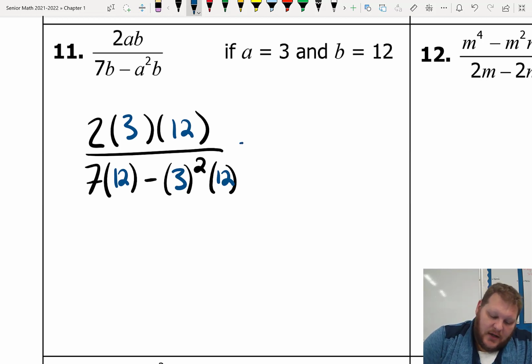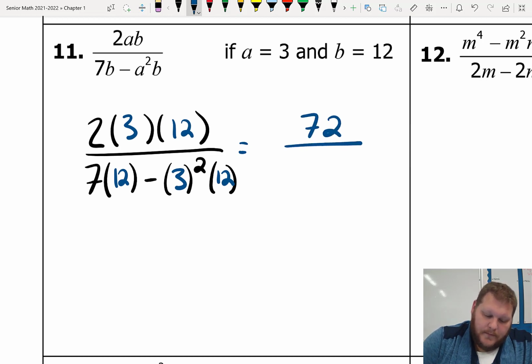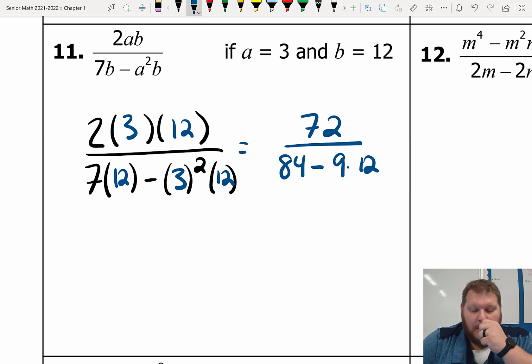So if I go ahead and start up top, I've just got those 3 that are being multiplied together. So 2 times 3 is 6. 6 times 12 gives me 72. Down below, let's see, our squared we have to do before we can do anything else. I could do 7 times 12 right away to get 84, minus 9 times 12.